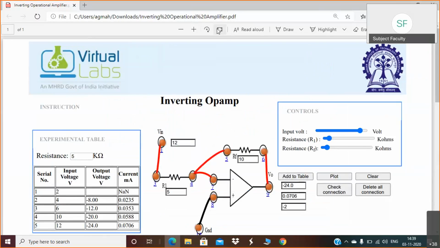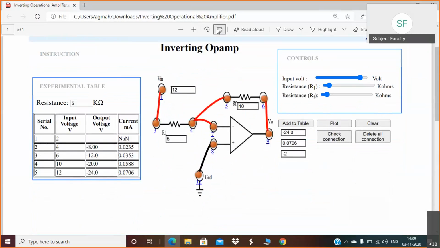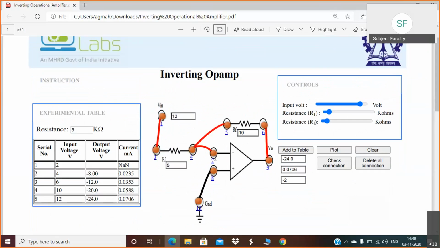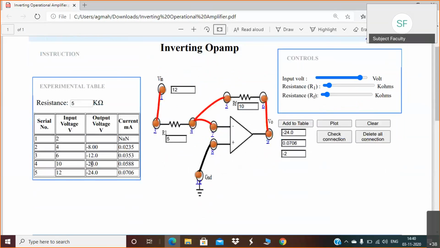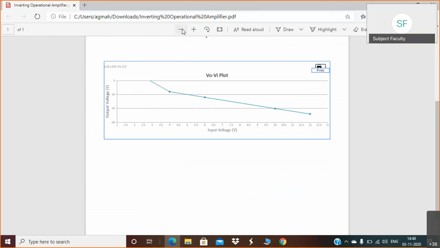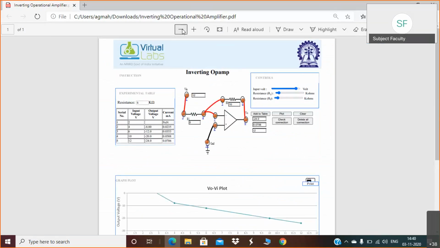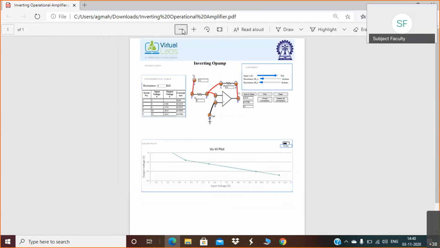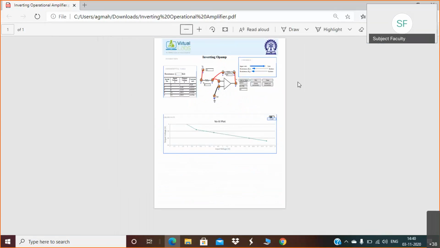One document will be generated like this. Your circuit and connections are visible, and the different readings which you have taken are also visible. Our first reading was not correct, but it's all right, don't worry about it. The Vout and Vin plot is also there. This PDF is generated. In this way you can perform your practical.